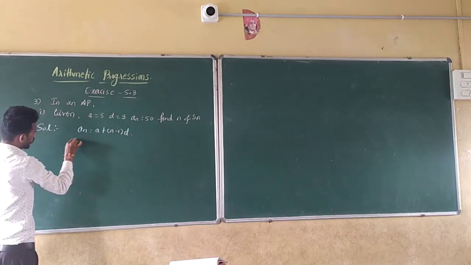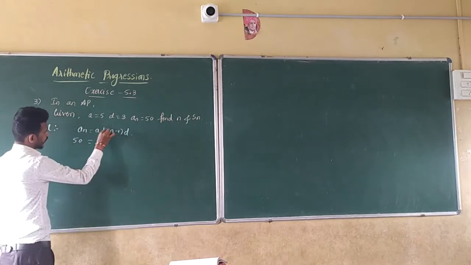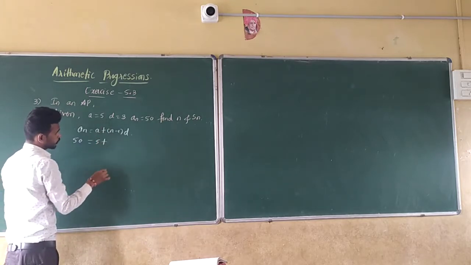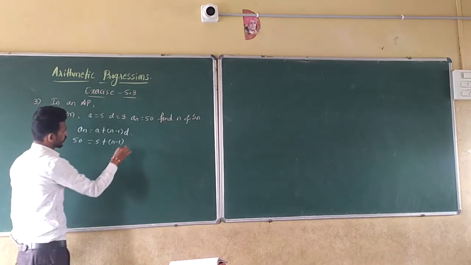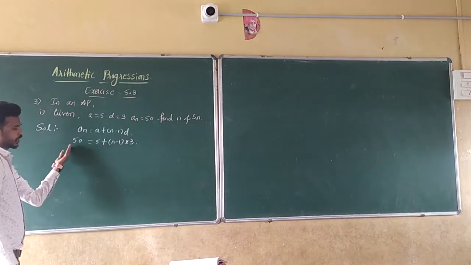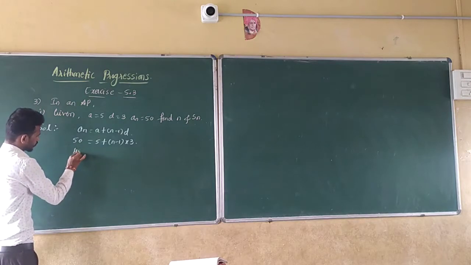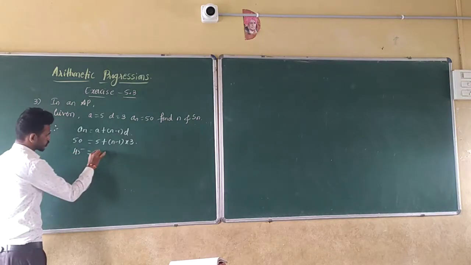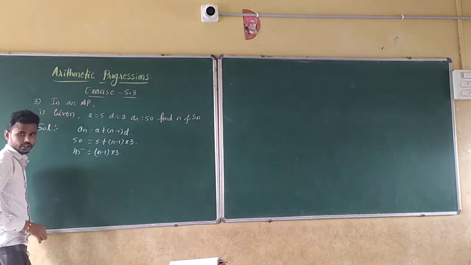So an, how much is given? 50, which is equal to a, 5, plus n minus 1 into d, 3. So bring 5 to the other side, that will become subtraction. 50 minus 5, how much will we get? 45, which is equal to n minus 1 into 3.